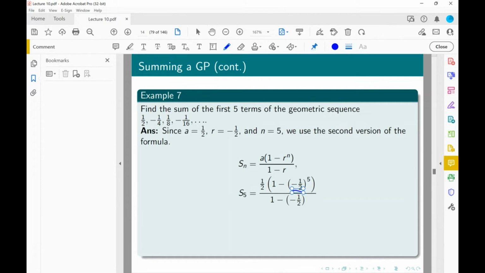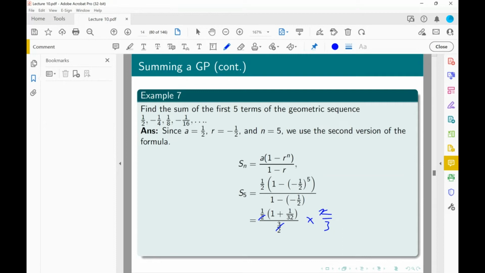So we're going to end up with 1 plus 1 on 32 for this term. The bottom becomes 1 plus a half, which is 3 on 2. And if we simplify, well, we will be timesing by 2 on 3. So divided by a fraction is timesing by the reciprocal. That's going to cancel the 2 and 2 here, so it's simply a third times 1 plus 1 on 32.